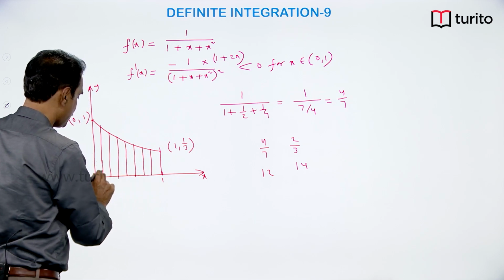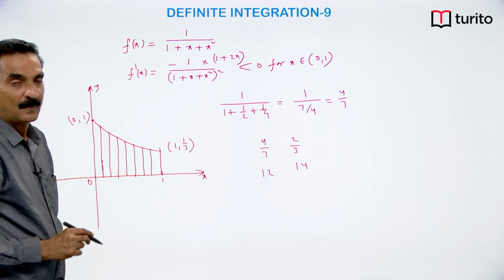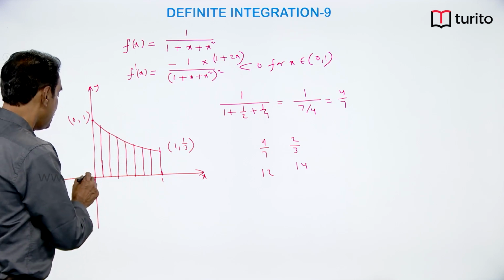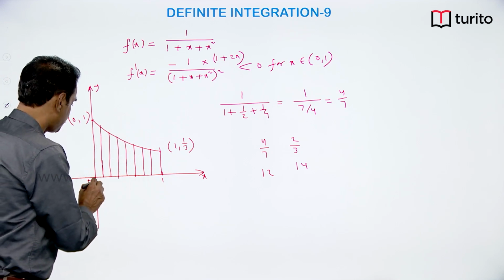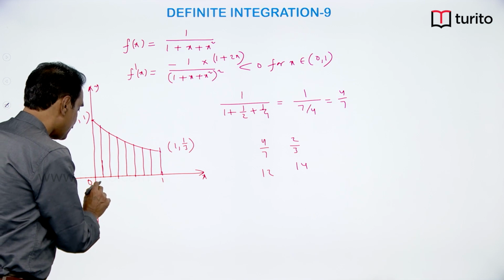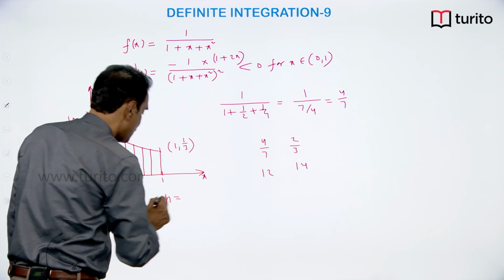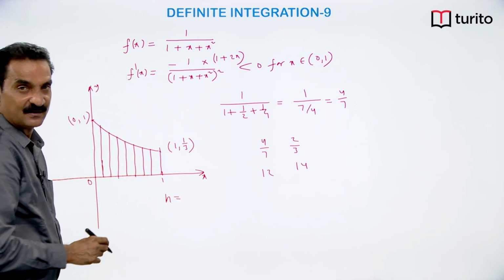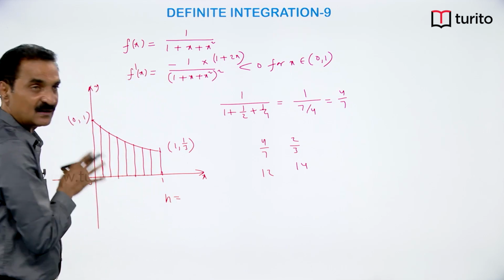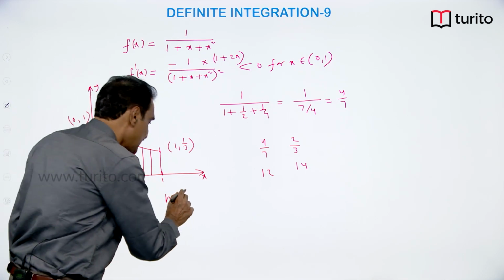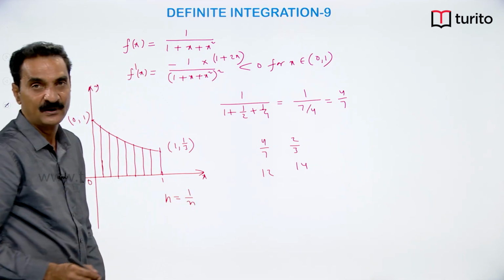Like this. Now, here let the width be h. H is equal to b minus a by n. If you divide this one, total length is 1. If you divide into n equal parts, each part will be 1 by n.